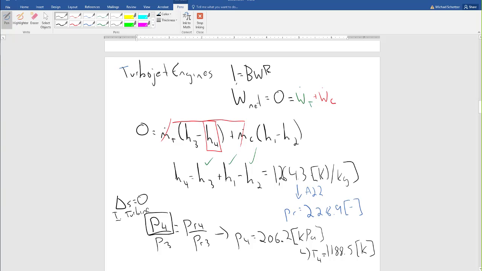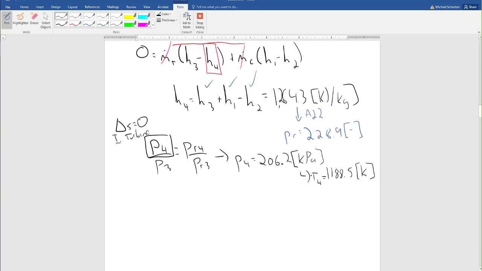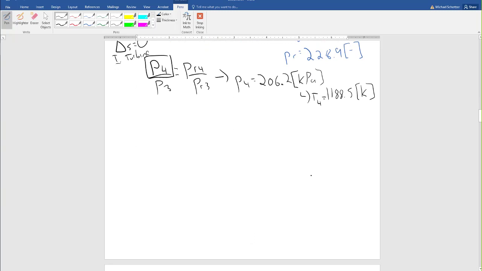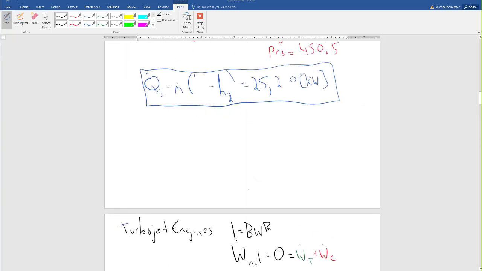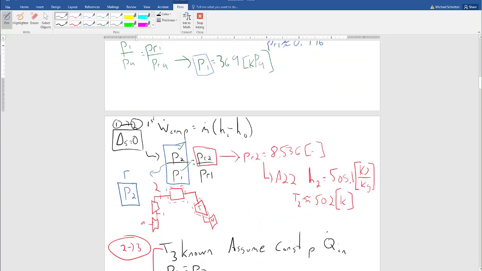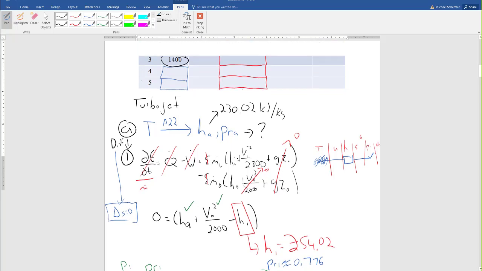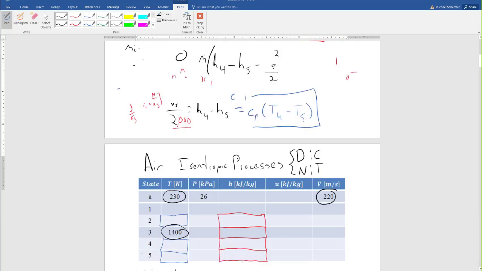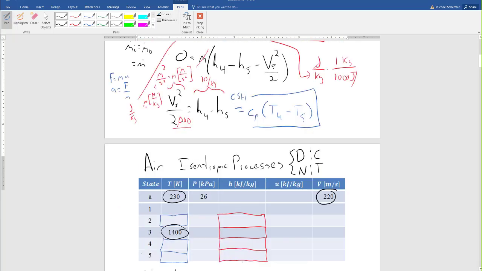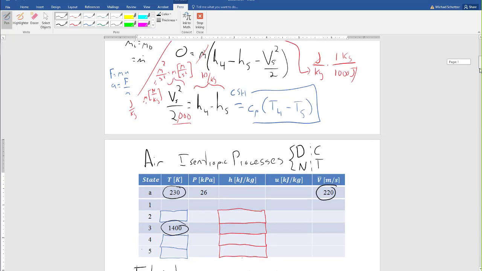So now we're almost done, right? We fixed all the states, except we need to go through the nozzle. So how do we do this, right? We already did a first law analysis on the nozzle up here, right, to do our symbolic solution. And we found that V5 squared over 2,000 is equal to H4 minus H5.